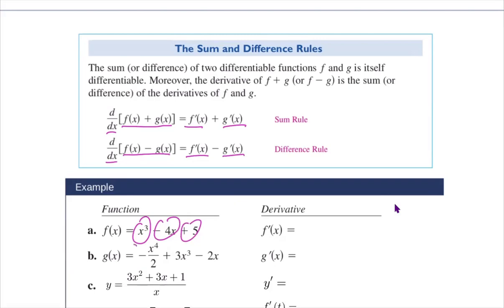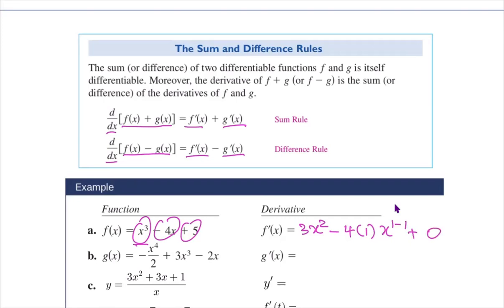So the power rule will give me 3x to the second power. 3 minus 1 is 2. And for the second one, it will be minus 4 times 1x, 1 minus 1. And then the other one will be plus 0 because it's a constant.